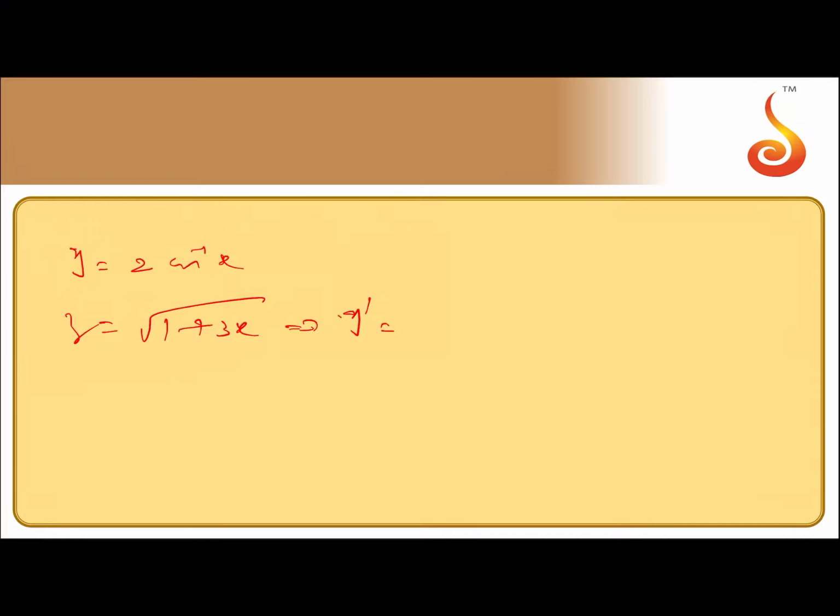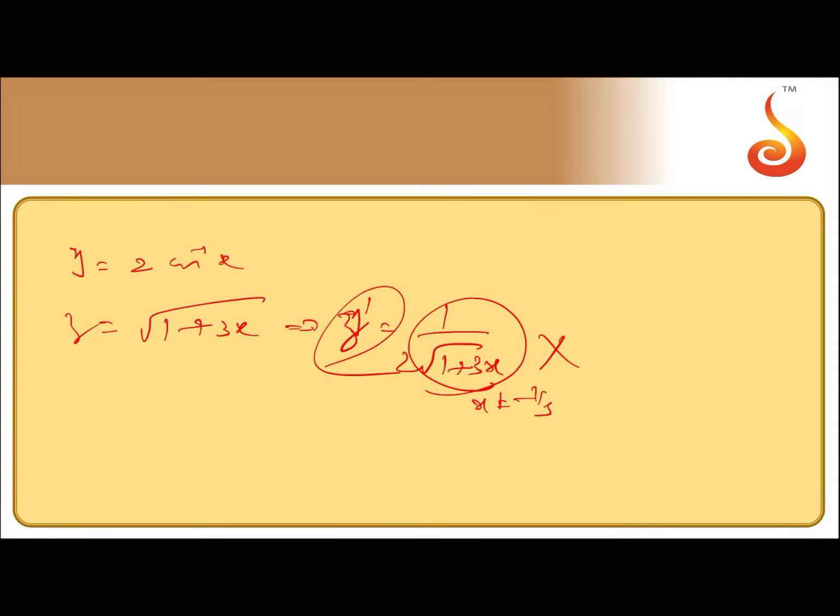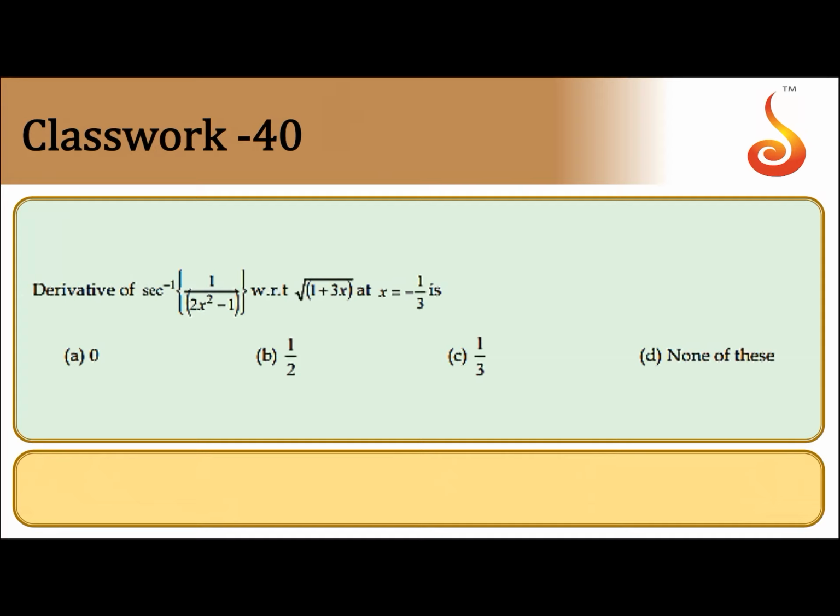So when you take z dash, 1 by 2 root of 1 plus 3x, I cannot substitute x equals minus 1 by 3. Therefore, this derivative doesn't exist. So does not exist means none of the first 3 options satisfies. Answer is none.